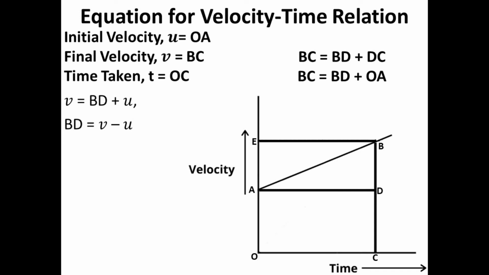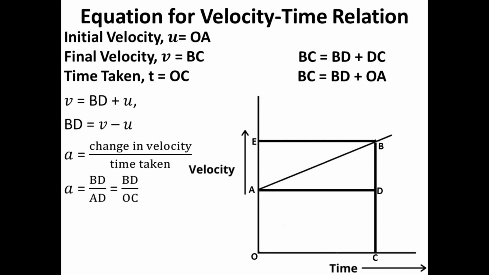As we know that acceleration is change in velocity divided by time taken and change in velocity is represented by BD and time t is represented by AD. Thus acceleration will be BD divided by AD. As AD is equal to OC, thus acceleration is BD divided by OC.